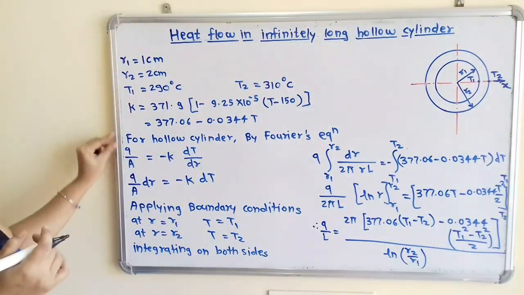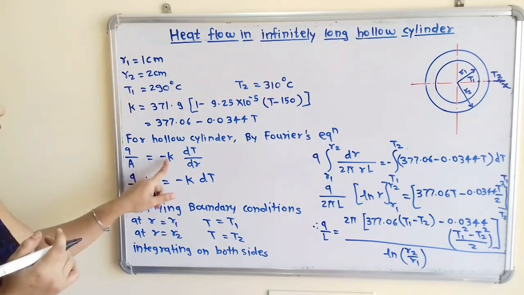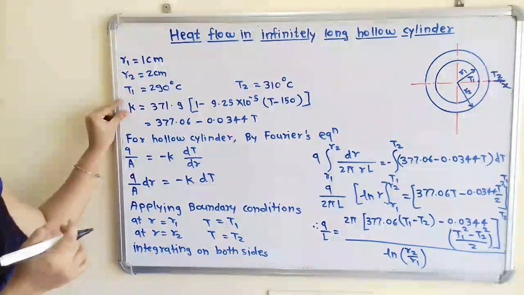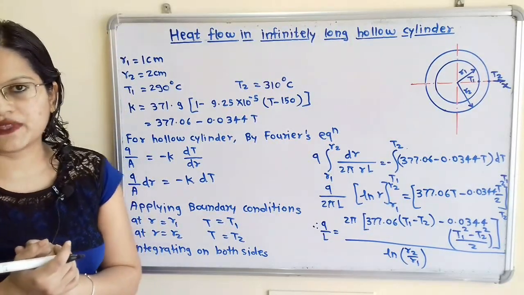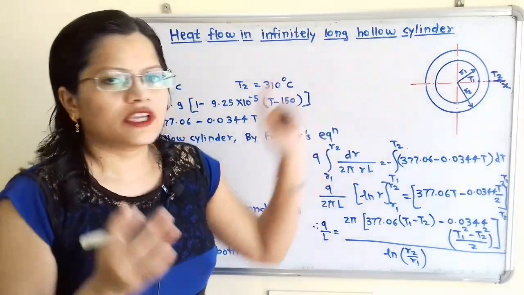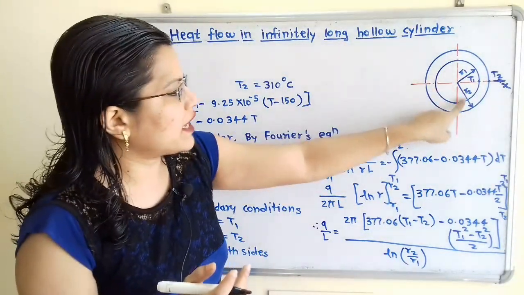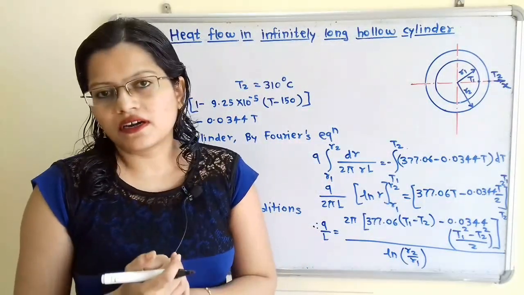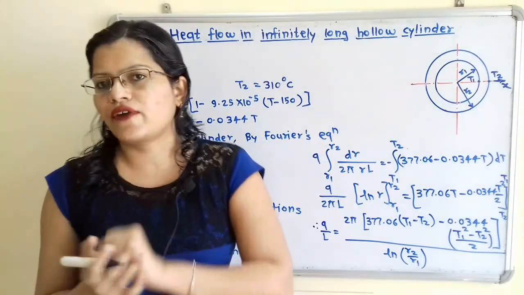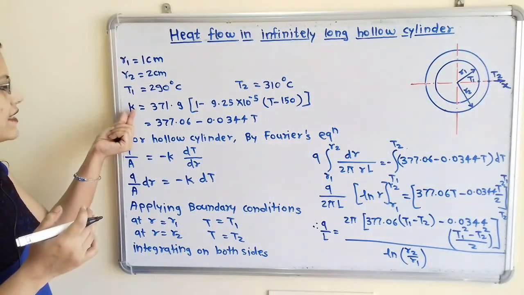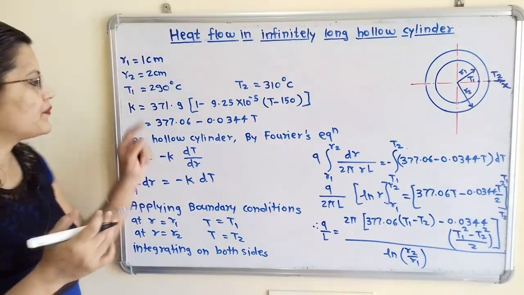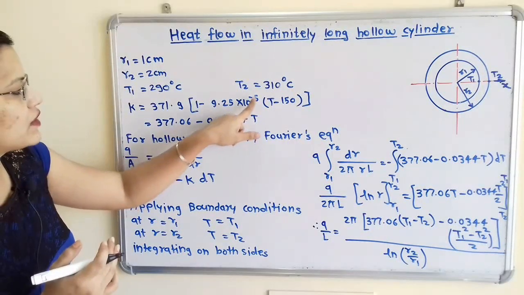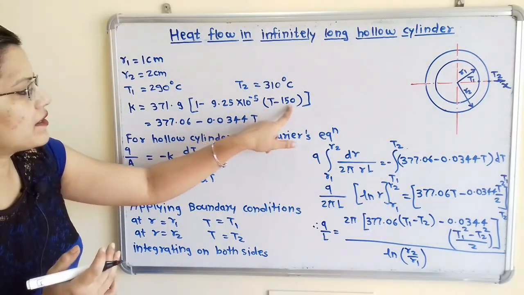It is Q by A is equal to minus K dT by dr. Now as per the given data, K is also defined in terms of T. If we observe this diagram, the variables are radius R and temperature T. K, the thermal conductivity, is defined in terms of the variable T. That means K is a function of T. So it is 371.9 (1 minus 9.25 × 10^-5 (T minus 150)).